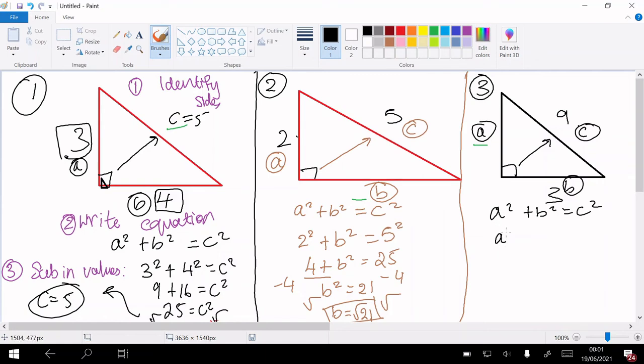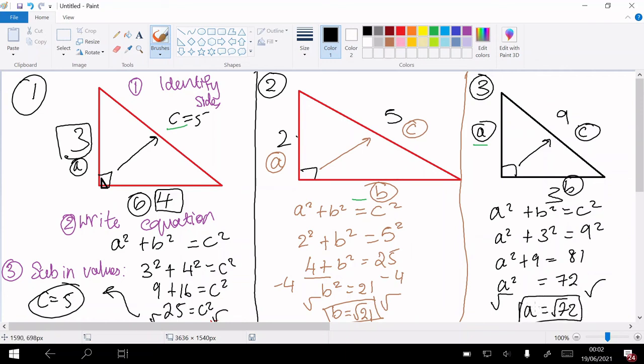We don't know A, so we're going to leave it like that. B squared is 3 squared is equal to 9. So that is A squared plus 9 is equal to 81, which means A squared is equal to 72. We don't want A squared, we want A. Therefore, square root both sides. A is equal to square root of 72. And that's it. We are done.